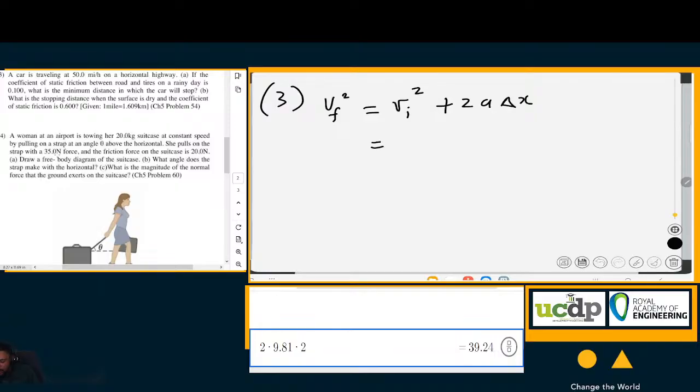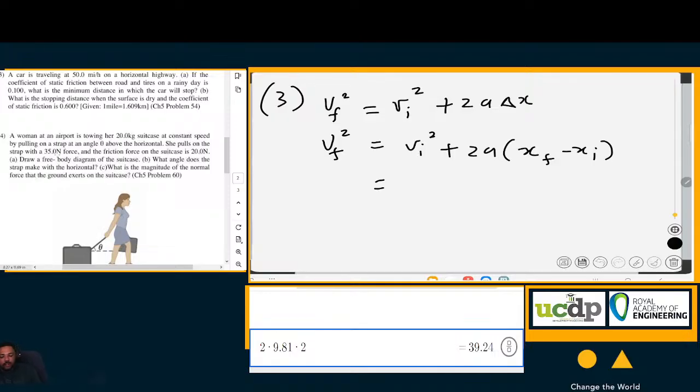Now what do we want? We want the minimum distance. If we rewrite this, we have the final velocity squared equal to the initial velocity squared, plus 2 times the acceleration times the final distance, x final minus x initial. We want that final distance.